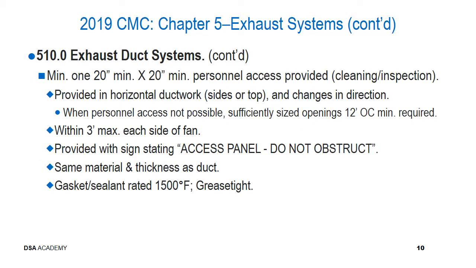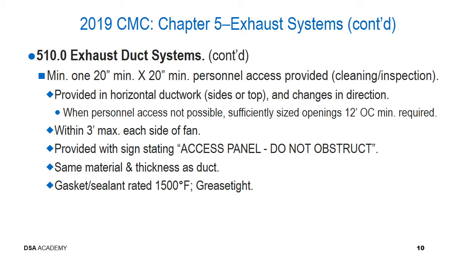Because Type 1 hood exhaust systems convey grease-laden vapors or grease itself, it's important that at least one 20-inch by 20-inch personnel access panel is provided for cleaning and inspection purposes.